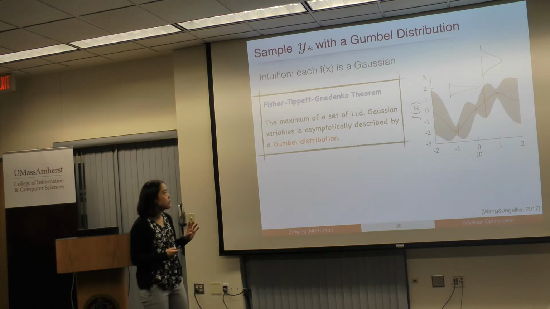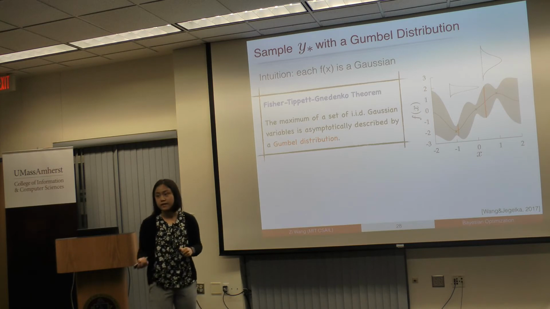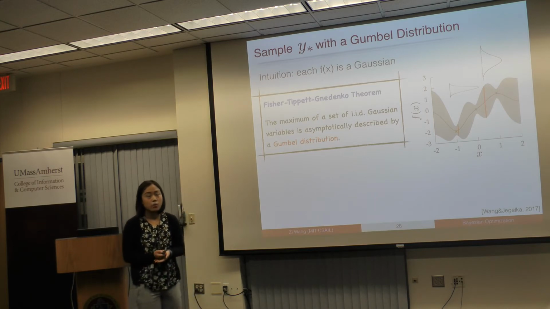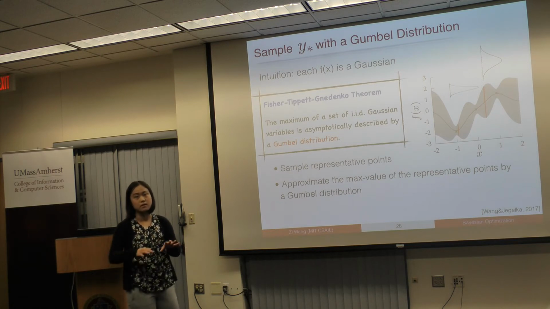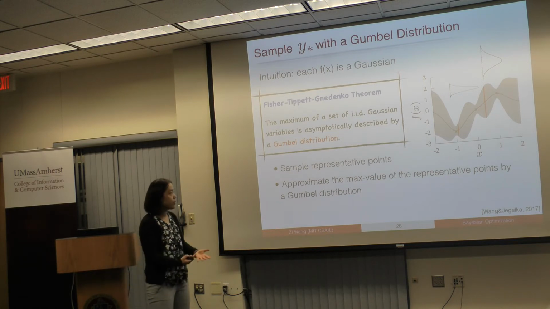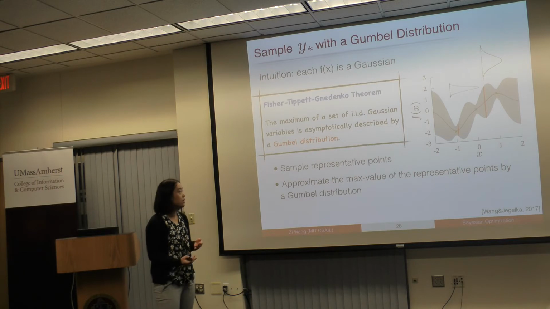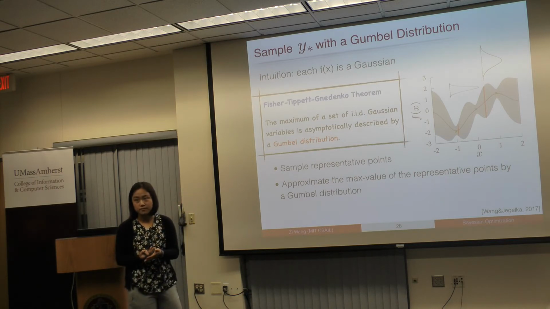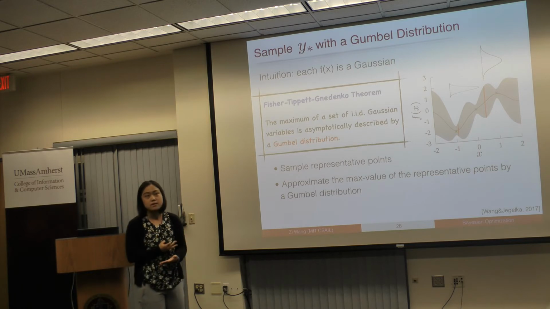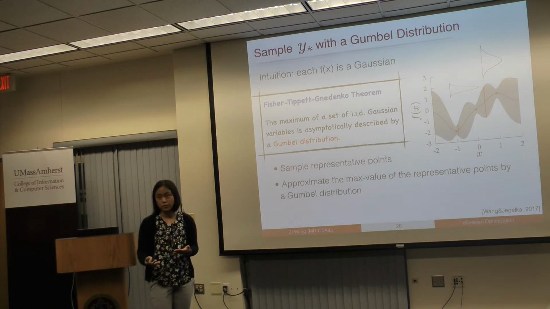So although our variables for f of x are not really IID, we can still sample some representative points in the input space, and then approximate the max value of those representative points by a Gumbel distribution. And then in that case, sampling from a Gumbel distribution for the max values will be very easy.